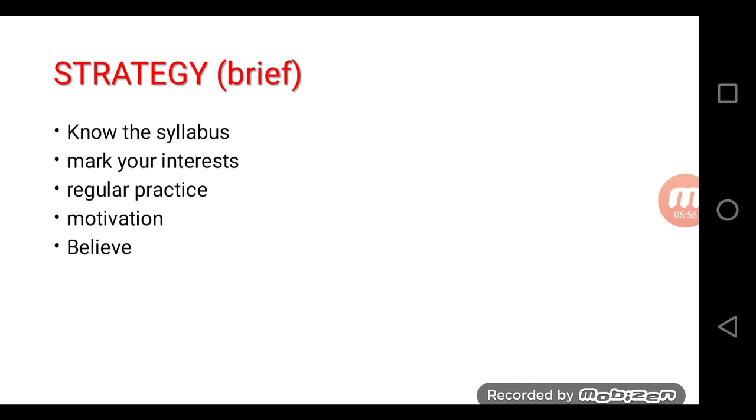And we'll talk about regular motivation, and how to improve our personality while developing these habits of getting motivated daily. One has to believe in oneself, and we'll talk about how to do regular practice. These are the things we are going to talk about in my next lecture, and then one by one we will learn the new topics of science starting from biochemistry.